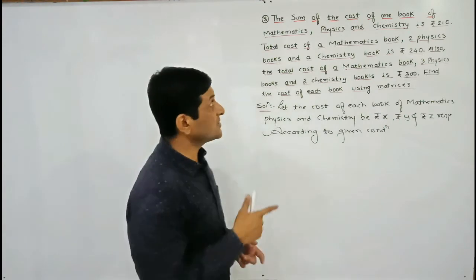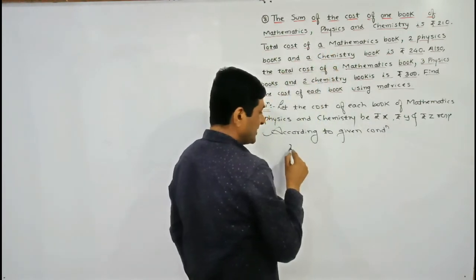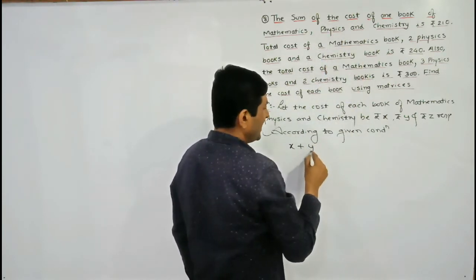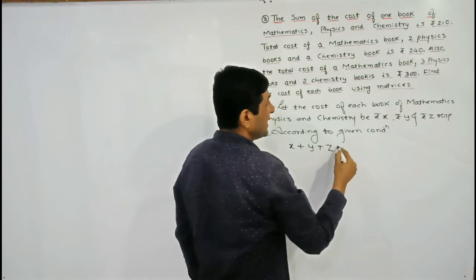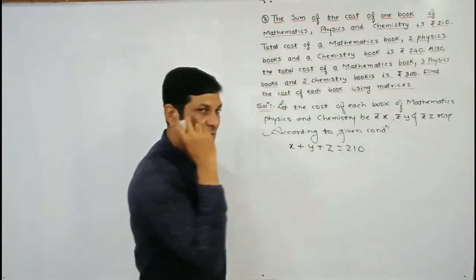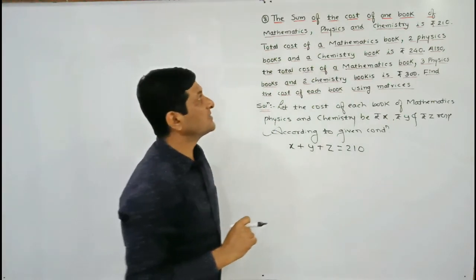So let us see what equations we will get using the given conditions. Our first condition says that the cost of one book of mathematics, which we have denoted by X, one book of physics by Y and one book of chemistry by Z, and this total cost is given to us as 210. In this way we have got the first equation. See the second equation.